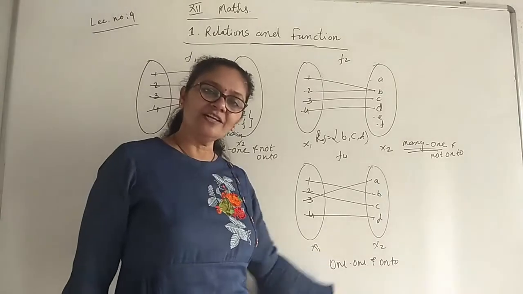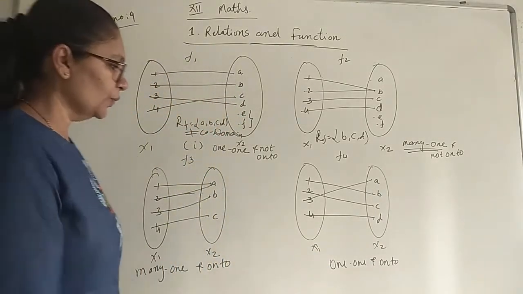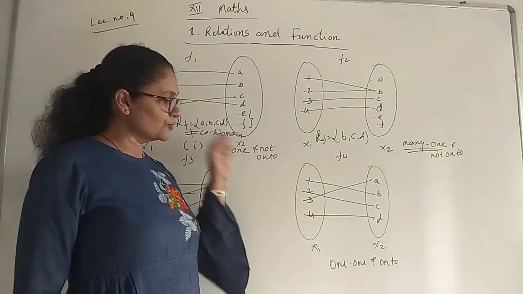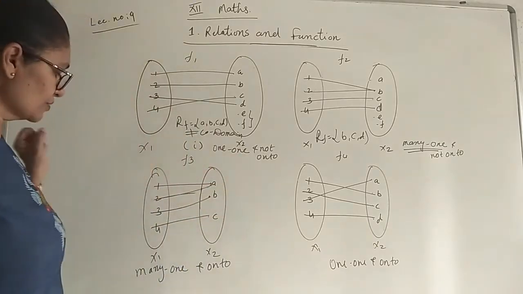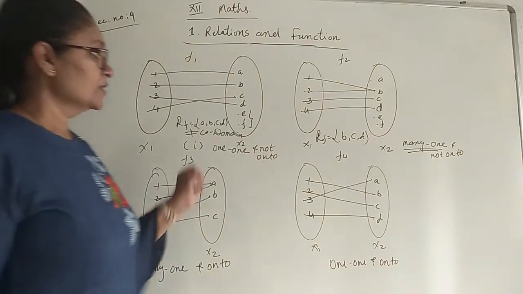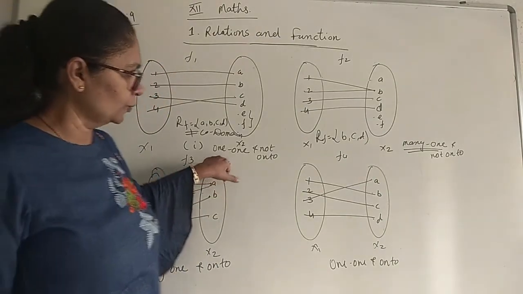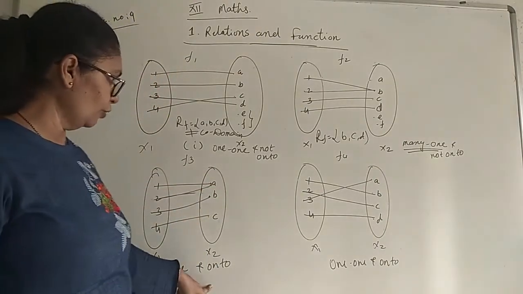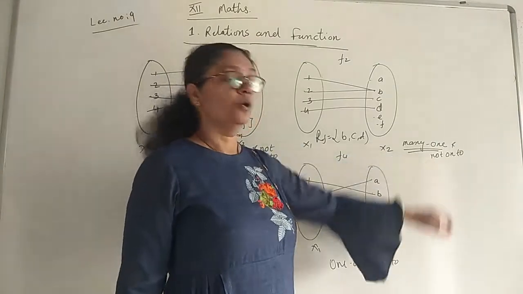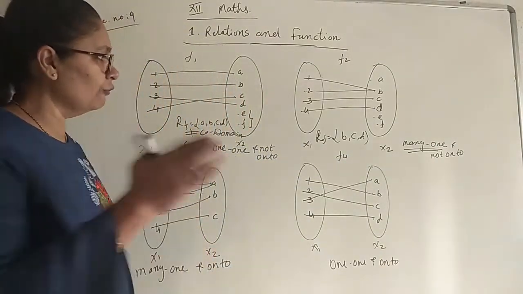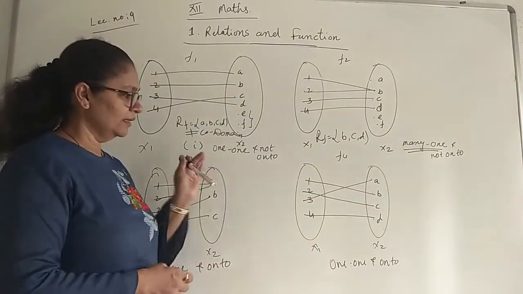Means again range and codomain are the same. So what you can say? It is one-one also and onto also. Here we have discussed all the types. See, one-one and onto, one-one but not onto, many-one and onto, and many-one and not onto. So all 4 types we have discussed in the diagrams.